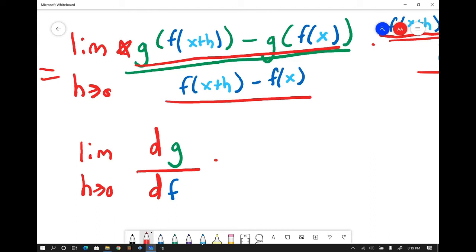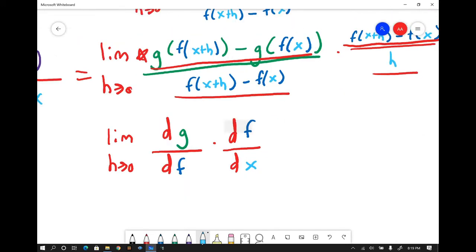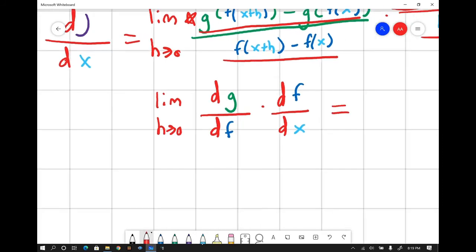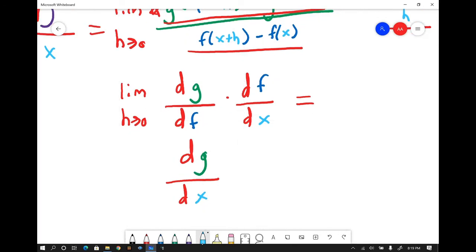And this is multiplied by something more familiar, which is just df over dx. Now, if we wanted to, we could technically say that we're canceling our df's and we'll be left with dg over dx. And this means that we're taking the derivative of g with respect to x, but x is not our input. x is the input of the input of g.